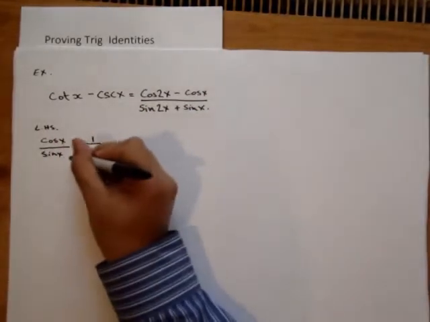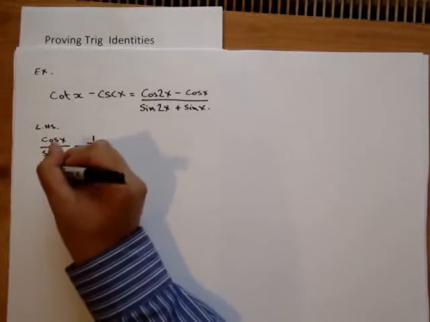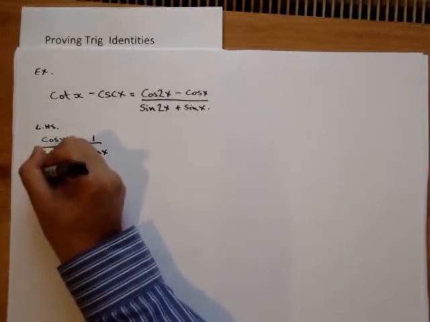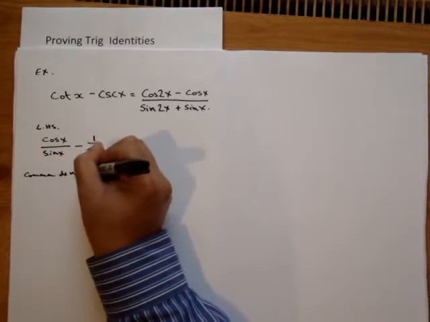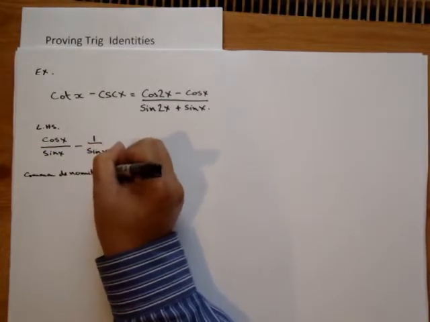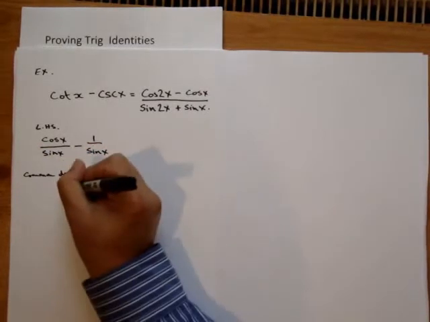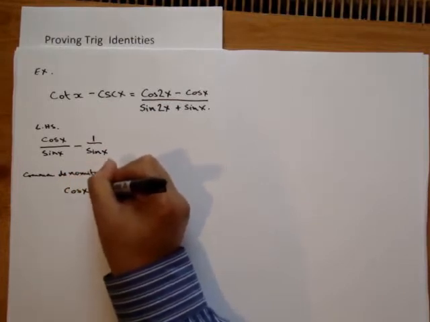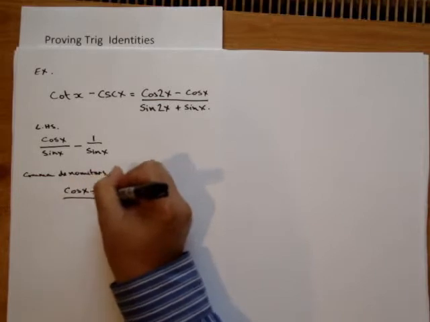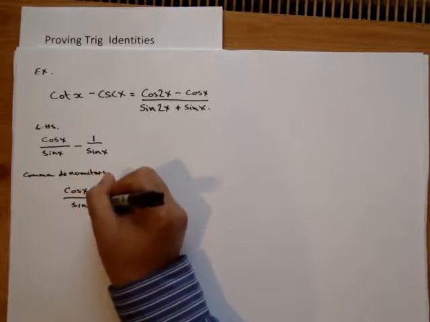Because we've got a common denominator, we can write this as cos x minus 1 over sin x.